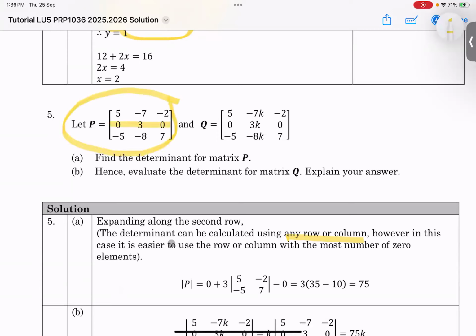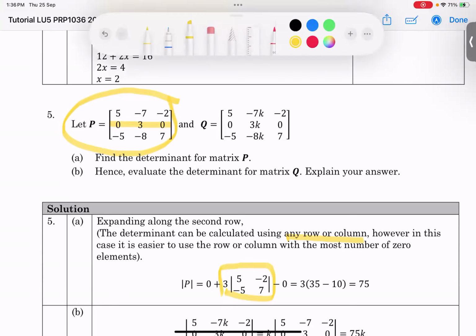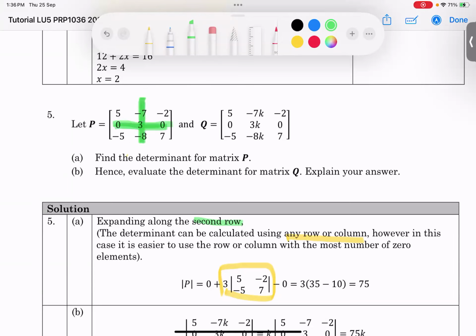So the process of finding the determinant only involves these 3 parts, okay? Let me share with you how to find the determinant for this one. You can see from here, this one and this one is what we look into in the second row. When you look into the second row, it may also involve the second column.